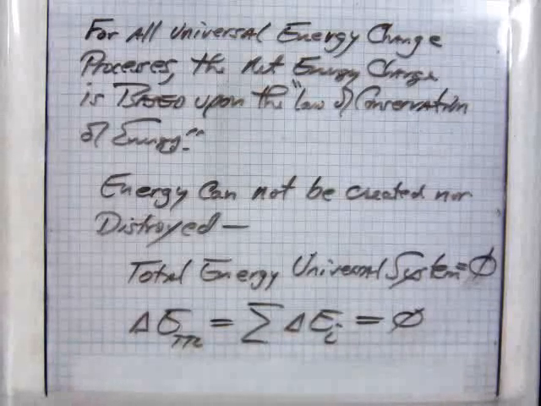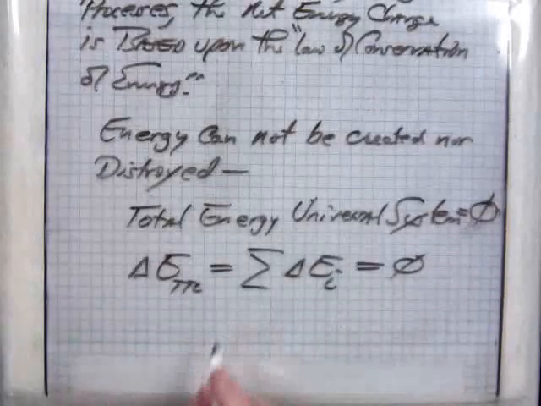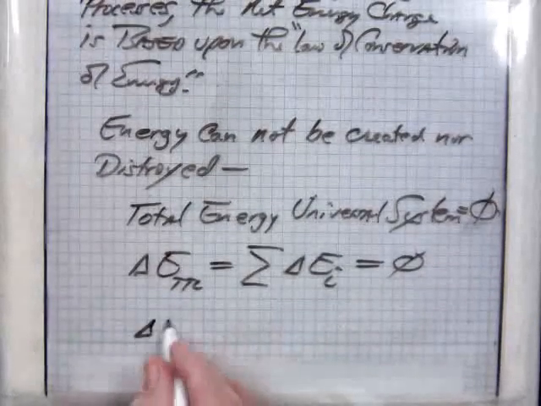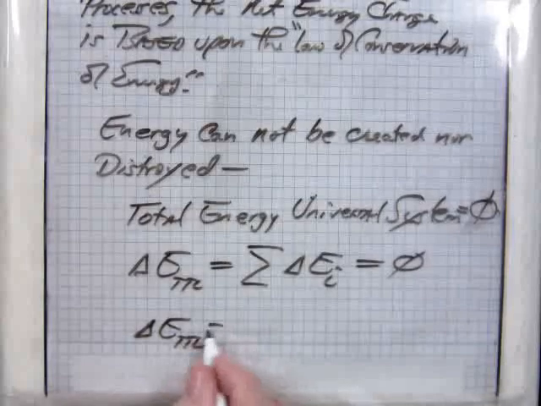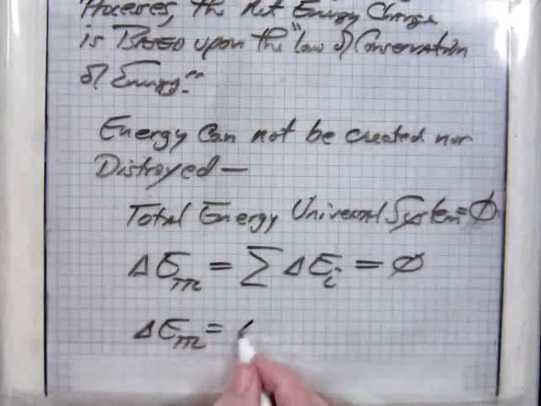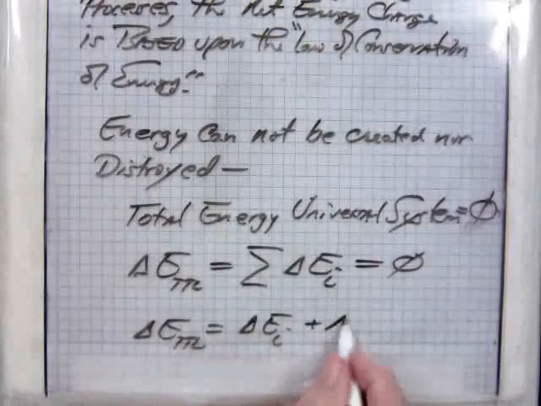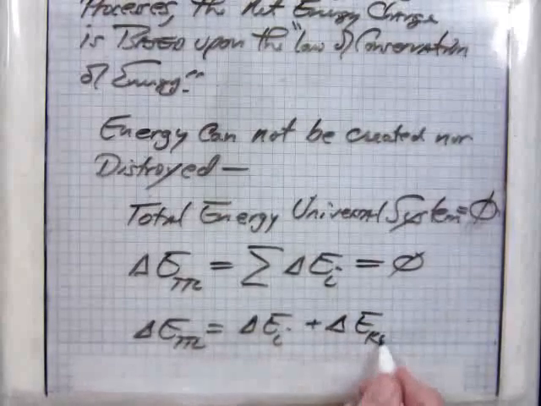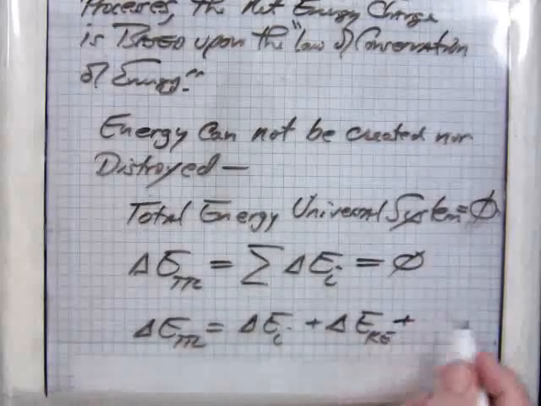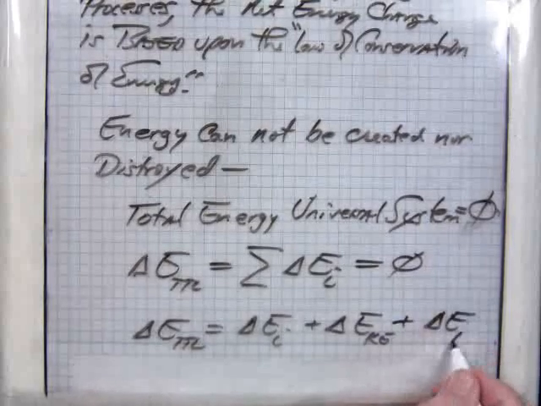All this ultimately, we can put in one other context: the change in total energy is equal to the change in internal energy plus the change in kinetic energy plus the sum of the change in potential energy.